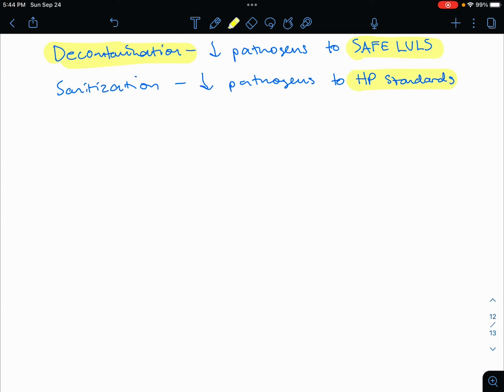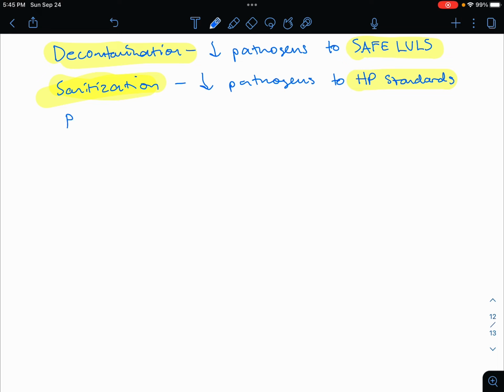So there's a difference: reducing the amount just to a safe level, and then significantly reducing them to whatever health standards are in place, probably by the CDC or another organization like that. But I think what's trying to be pointed out is that sanitization is stronger than decontamination.